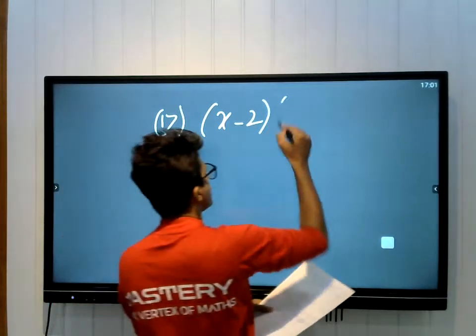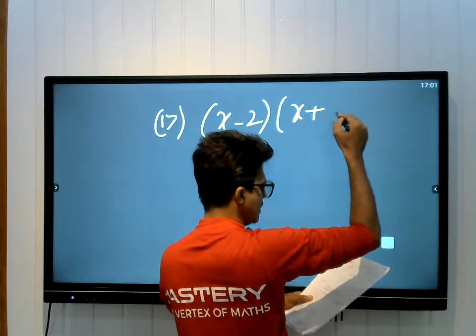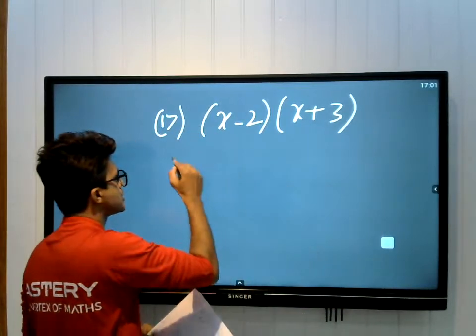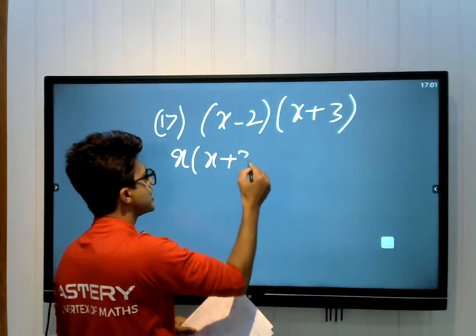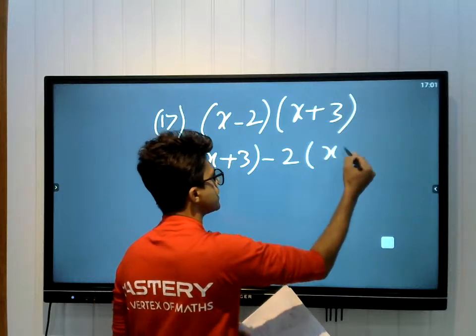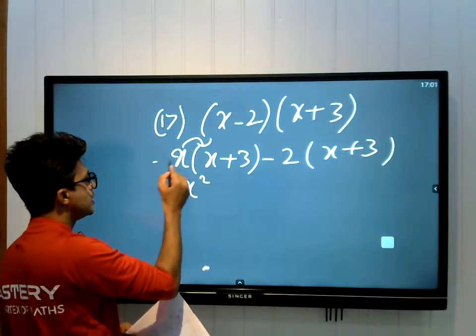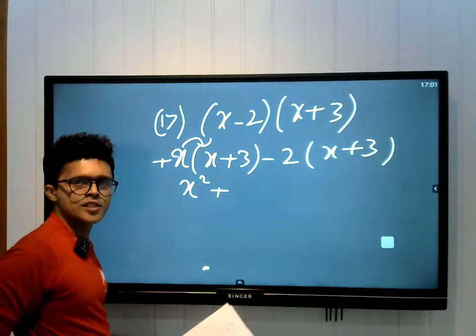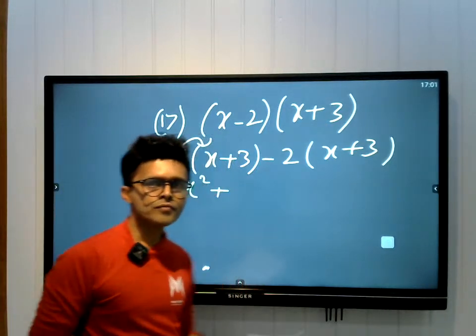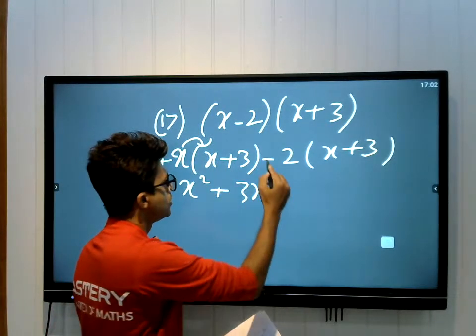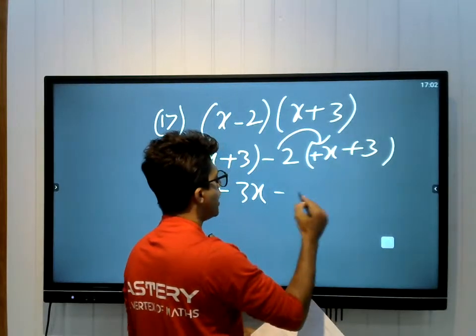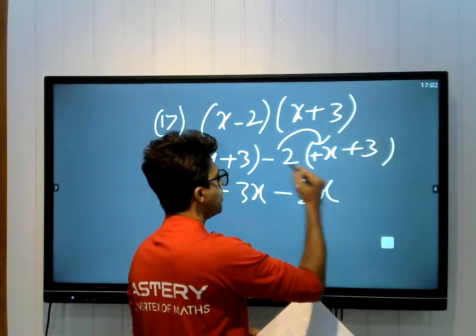So x minus 2 into x plus 3. Let's multiply x into x plus 3, and minus 2 into x plus 3. X into x is x squared. X into 3 is 3x. Minus 2 into x is minus 2x.